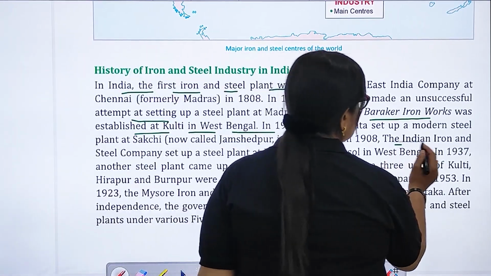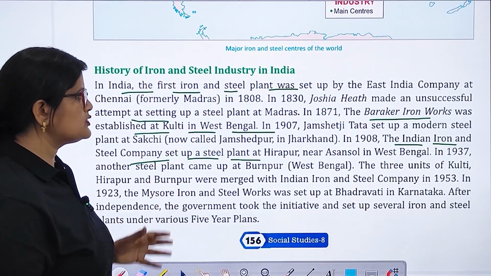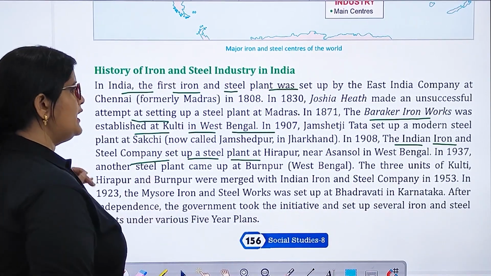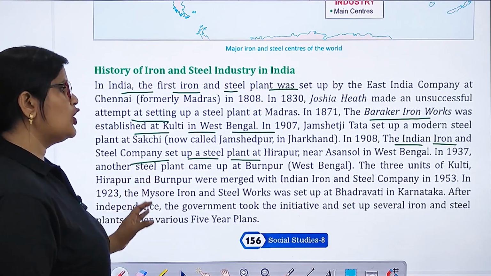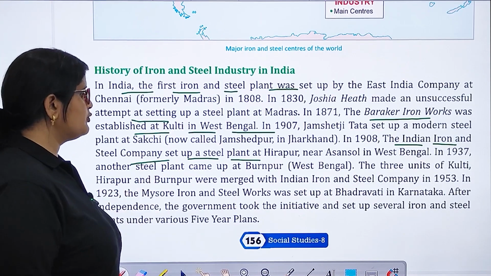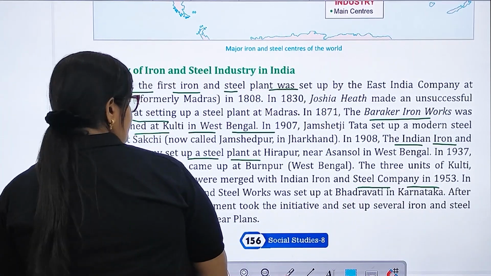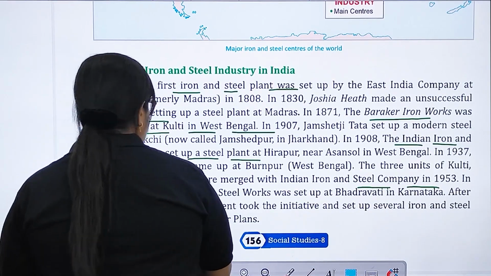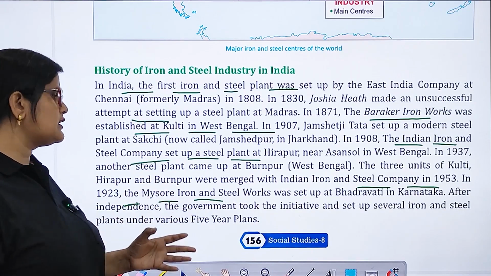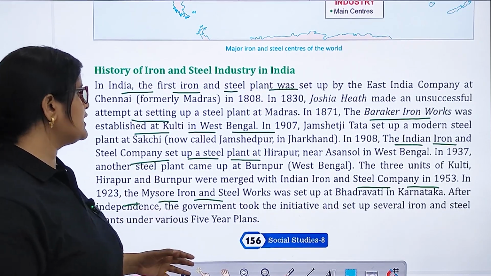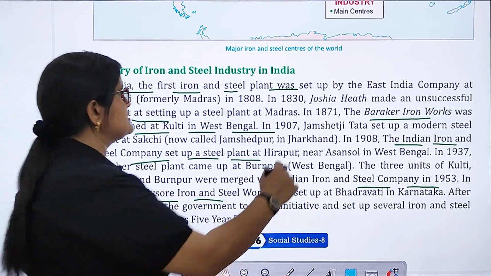In 1918, the Indian Iron and Steel Company set up a steel plant at Hirapur near Asansol in West Bengal. In 1937, another steel plant came up at Burnpur, West Bengal. The three units of Kulti, Hirapur and Burnpur were merged with the Indian Iron and Steel Company in 1953. In 1923, the Mysore Iron and Steel Works was set up at Bhadravati in Karnataka. After independence, the government took the initiative and set up several iron and steel plants under various five-year plans.